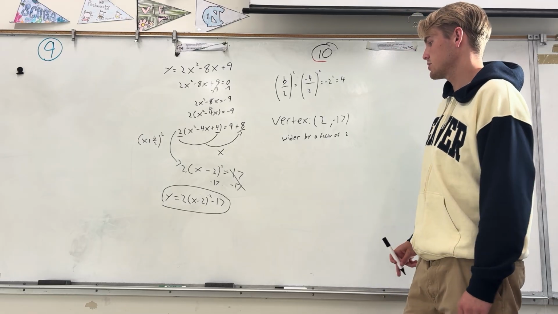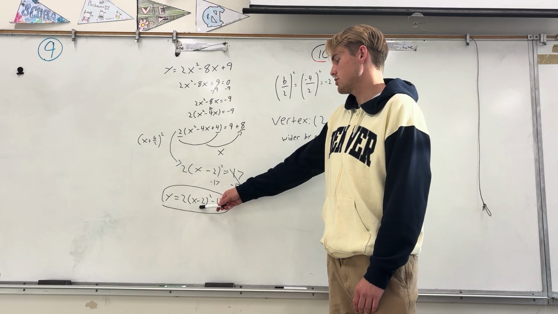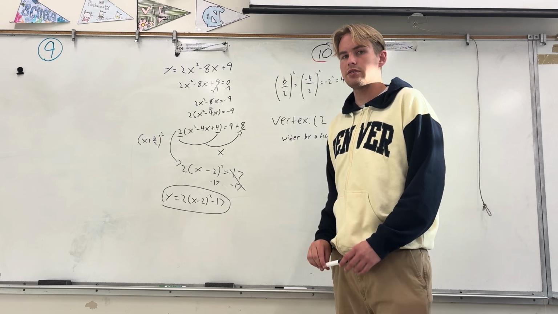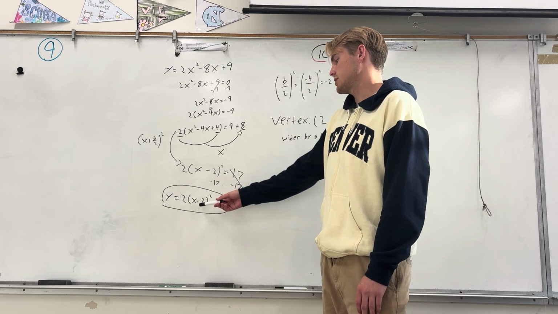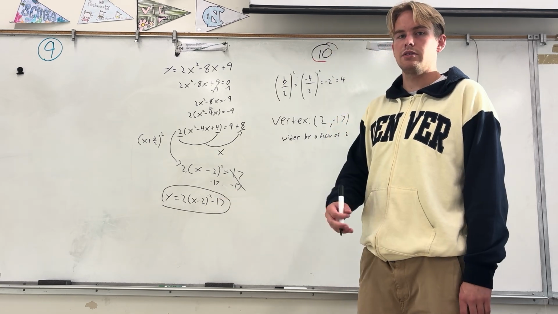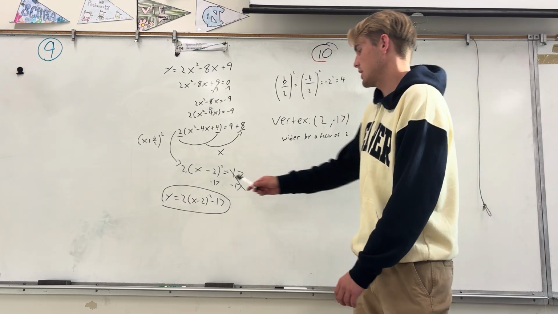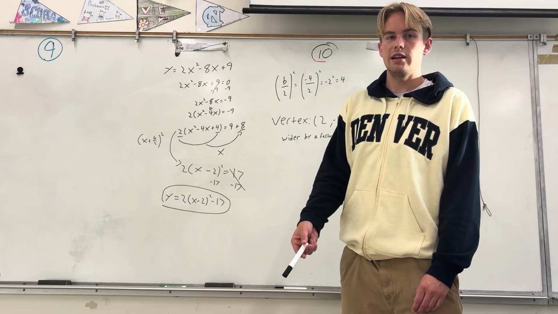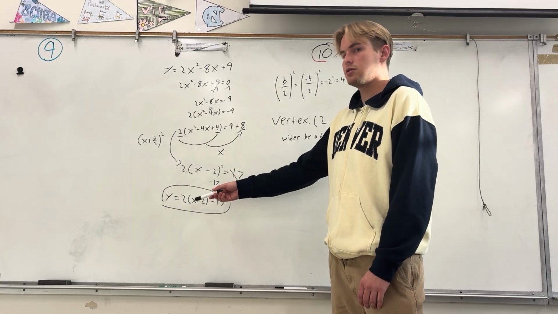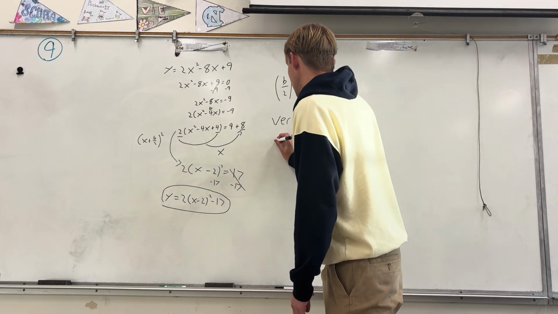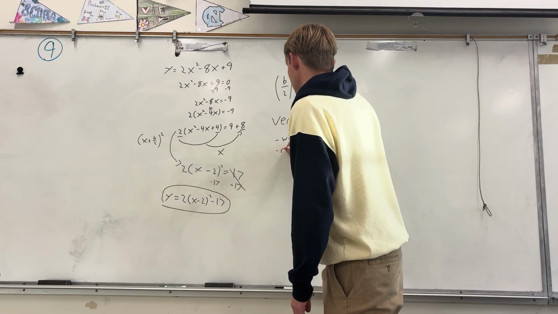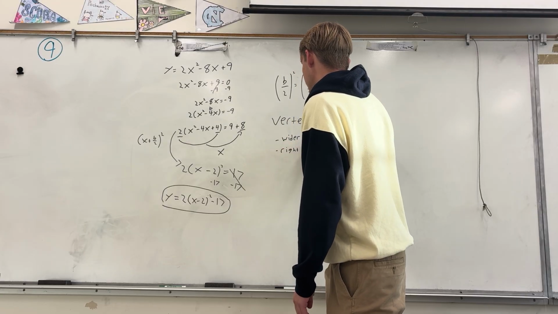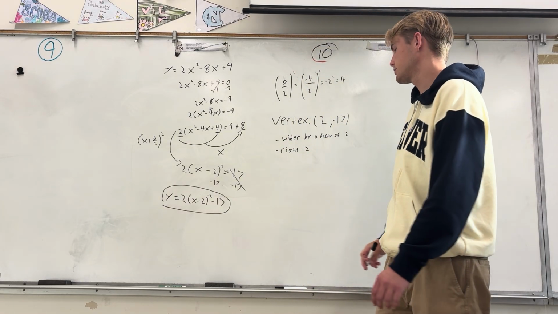And then next we need to interpret this -2 inside the parentheses and this -17 outside. So the number inside the parentheses, it tells us how much we're moving to the left or the right by. And if the number is negative, it means we're moving to the right. If it's positive, it means we're moving to the left. This is a -2, so it tells us we're moving to the right.